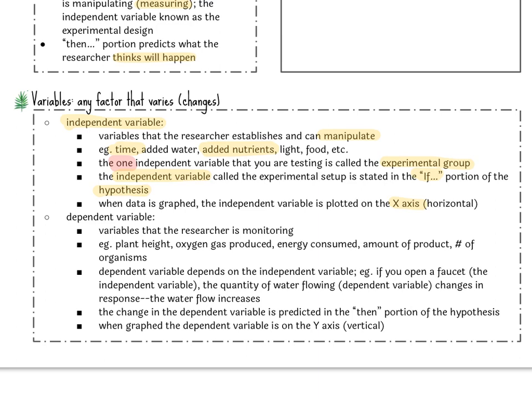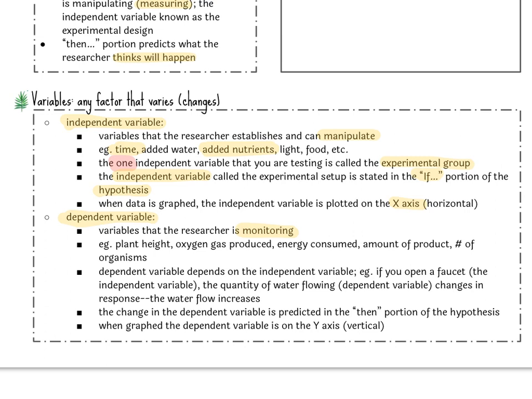And then we move on to the dependent variable. It sounds a little bit like the independent variable. The dependent variable is the variable that the researcher is monitoring. And what does monitoring mean? It means observing, watching, measuring. Okay?